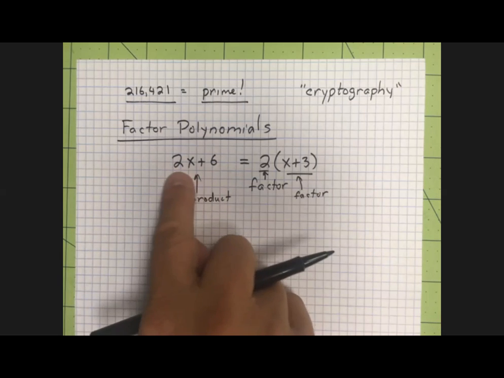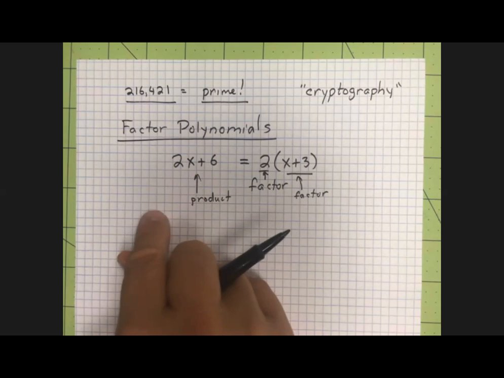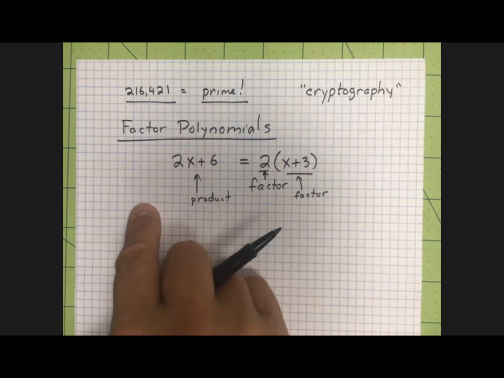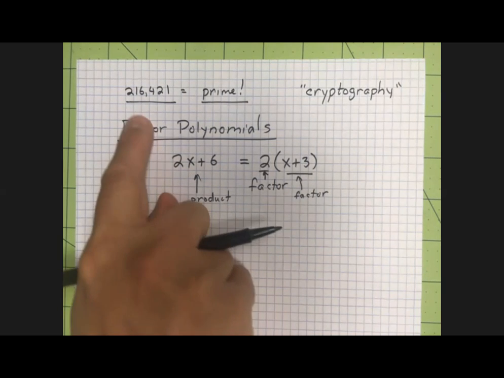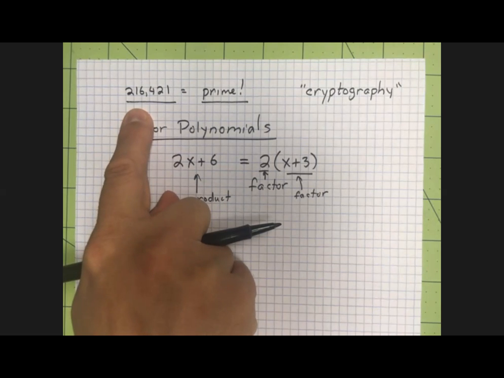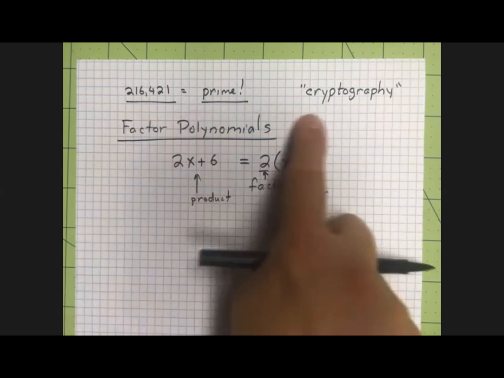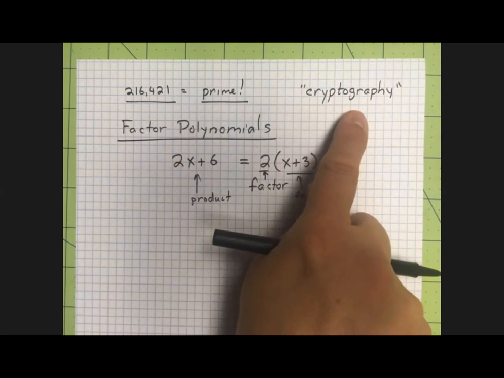This is only 2 terms. That's not a bad thing to factor. Maybe we'll factor things with 3, 4, 5 terms. But if you get into things that are much, much larger, just like numbers that are much, much larger, it can be very hard for humans to factor it, even very hard for computers to factor it. And that's when you can make some really secure codes.